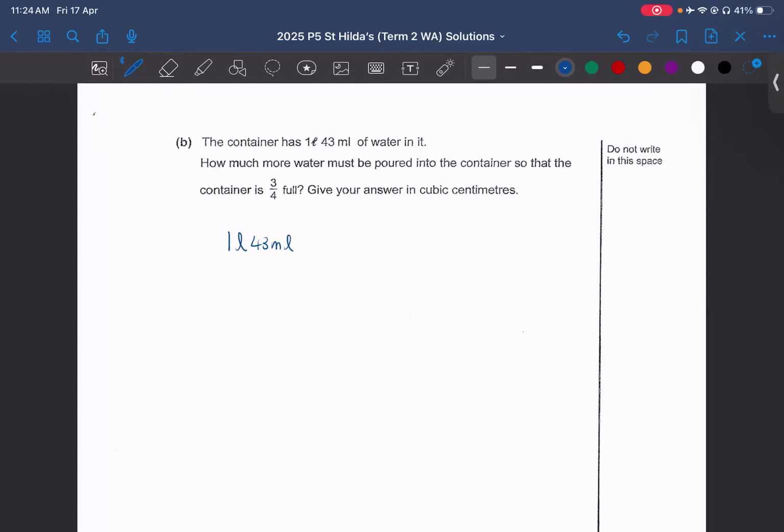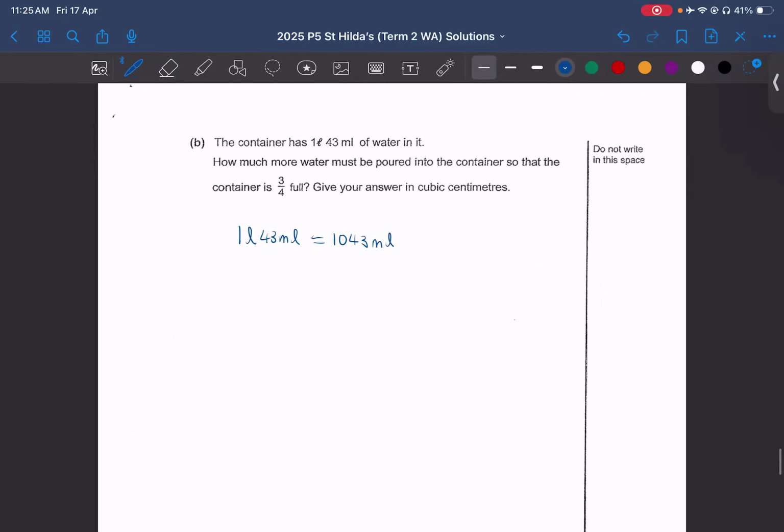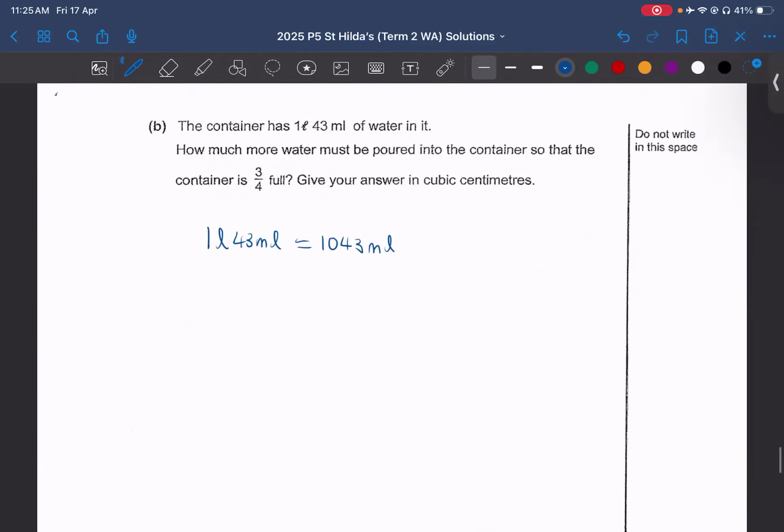So 1 liter and 43 milliliter, if you were to convert all into milliliters, 1 liter is 1,000 milliliter. So in this case, it will be 1,043 milliliters. So next, we need to find how much more water must be poured in so that the container is 3/4 full.